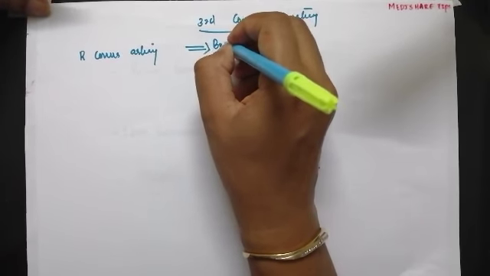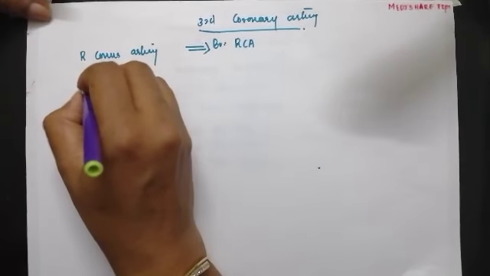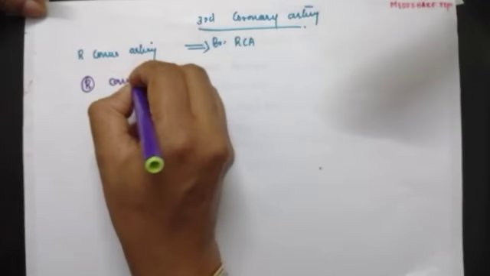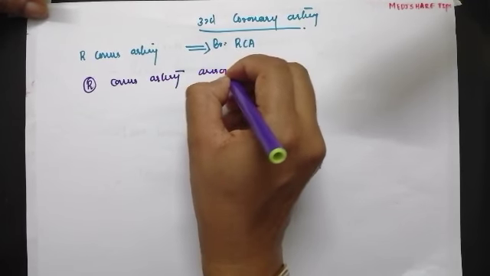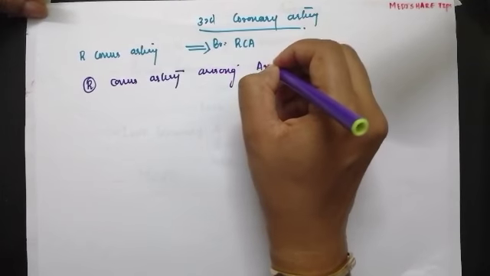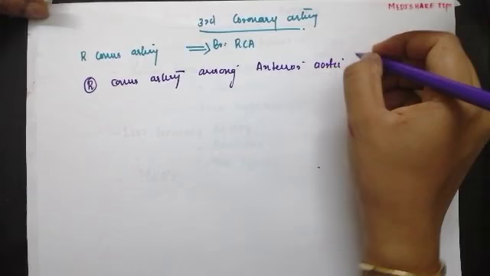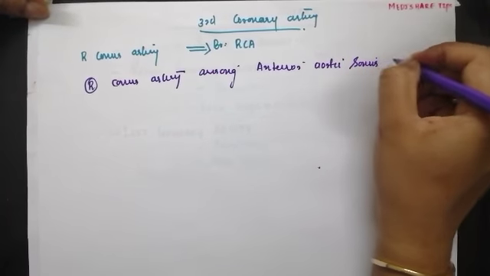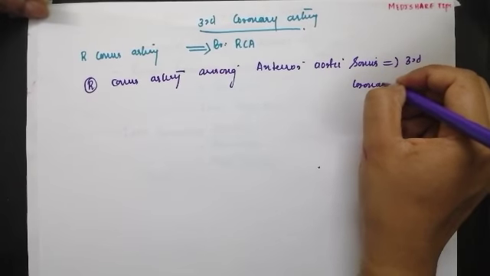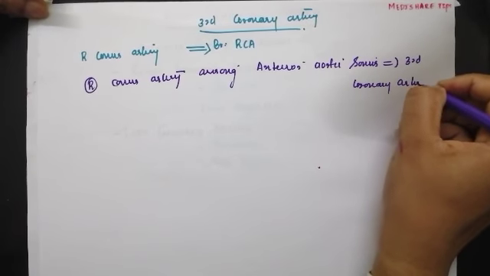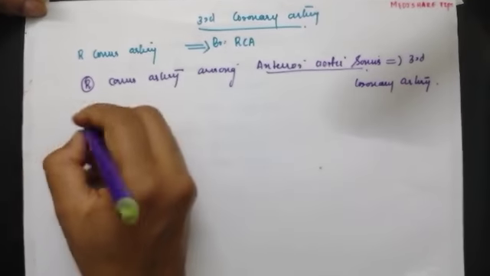Sometimes the right conus artery may arise directly from the anterior aortic sinus. When it directly arises from the anterior aortic sinus, that is called the third coronary artery. So which is the third coronary artery? That is the right conus artery directly arising from the anterior aortic sinus.